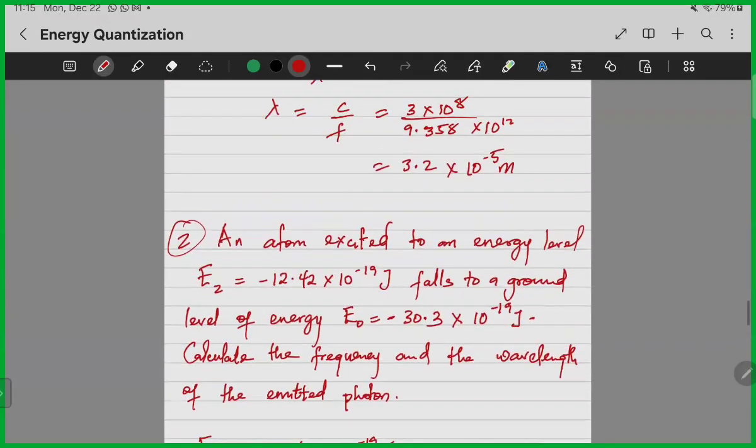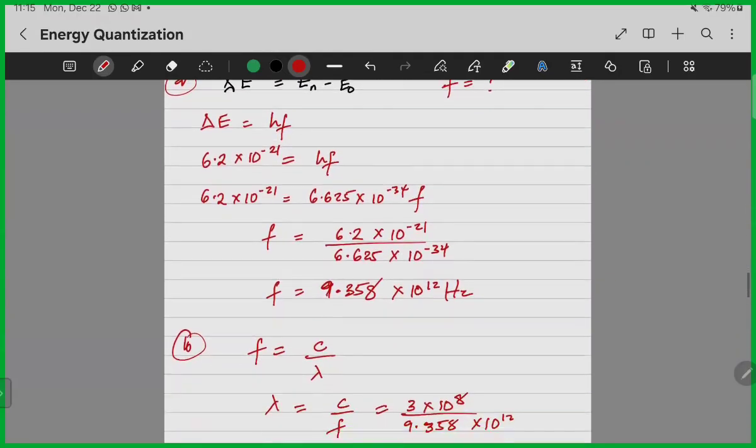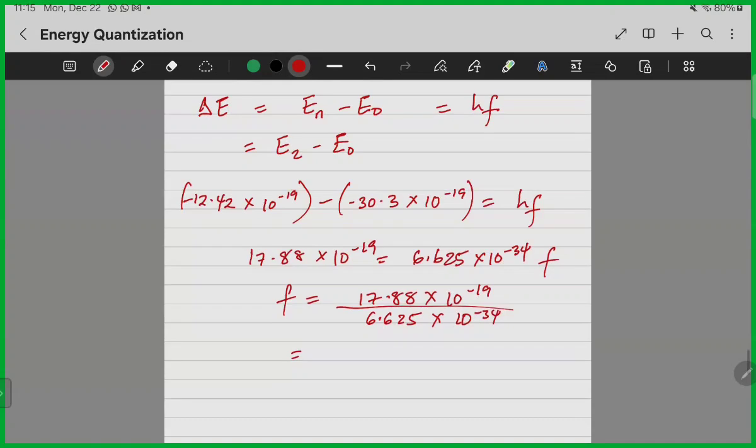H is 6.625 times 10 raised to the minus 34, times F. So F is definitely going to be 17.88 times 10 raised to the minus 19 divided by 6.625 times 10 raised to the minus 34.